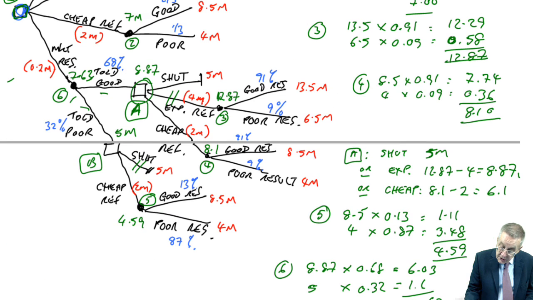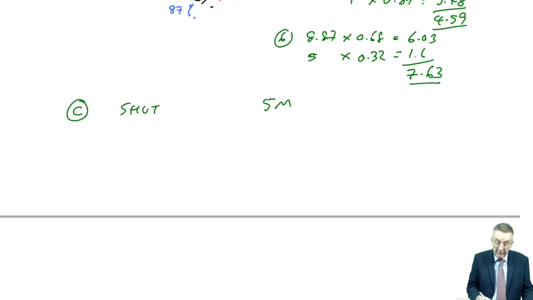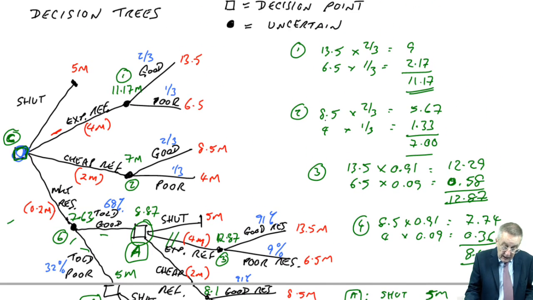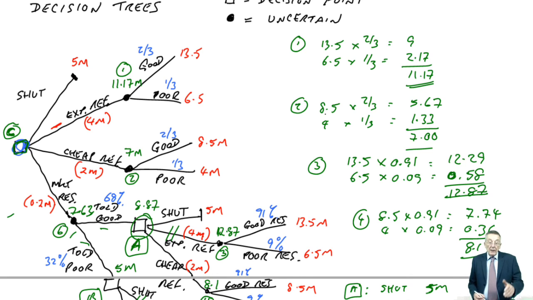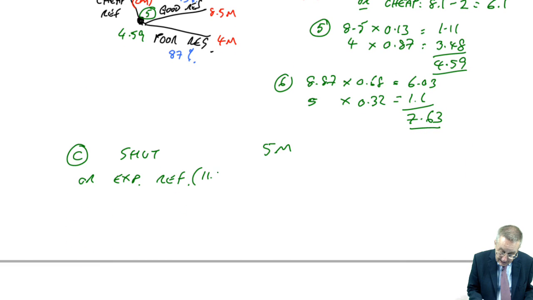One option is to shut immediately, so this is C. And if we shut, we get 5 million. Or the second option was to do the expensive refurbishment. We pay out 4 and get back an expected 11.17. And so a net 7.17.